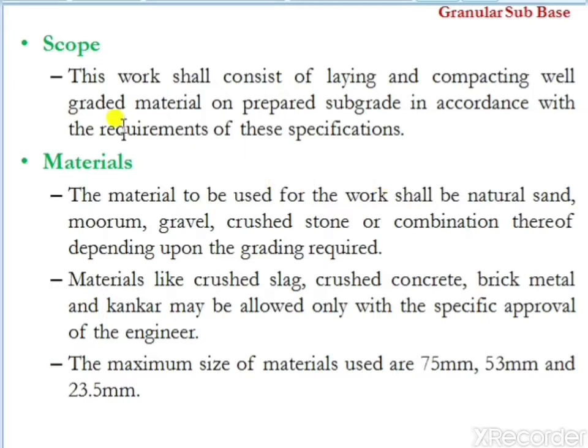The materials: what are the materials and what are the properties of materials used in the construction of the subgrade? The materials to be used for the work shall be natural sand, moorum, gravel, crushed stone, or a combination thereof depending upon the grading required.